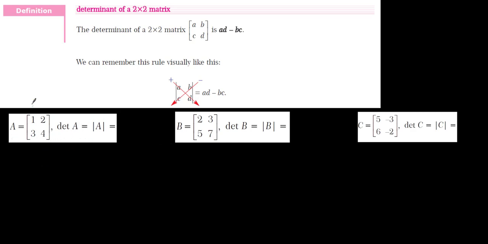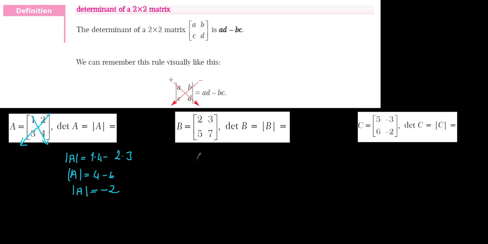I'm going to solve two of them. Here, you multiply this one and this one, then you multiply these two. So the determinant of A is 1 times 4 minus 2 times 3, which is 4 minus 6, so the determinant of A is equal to -2.